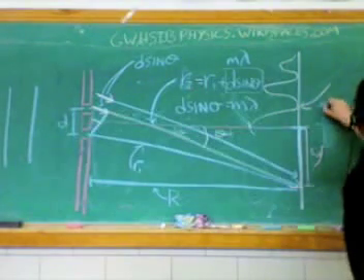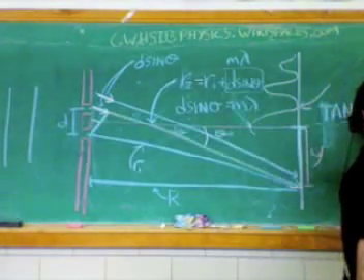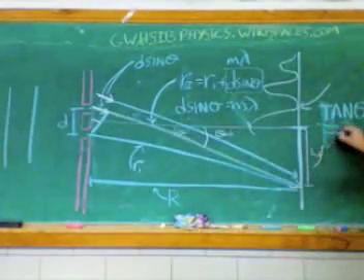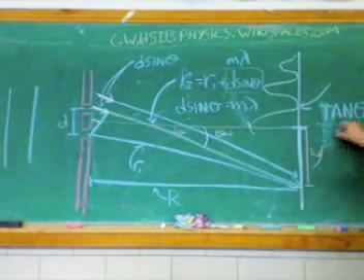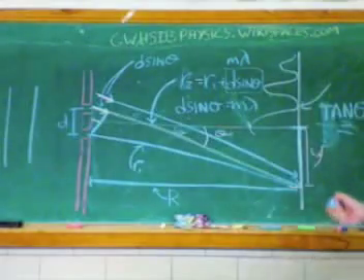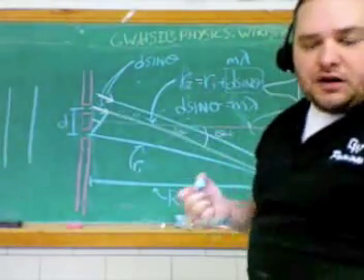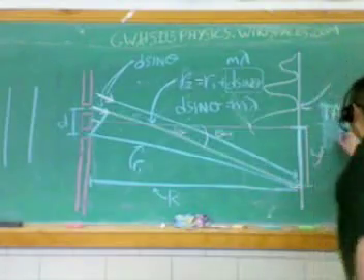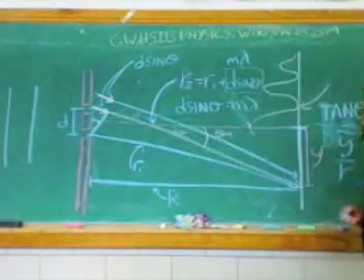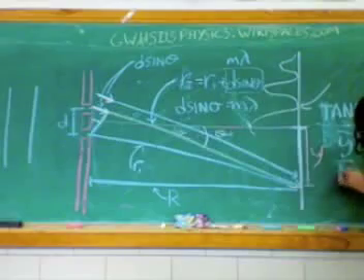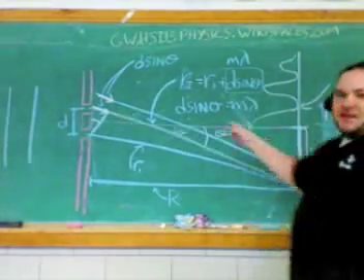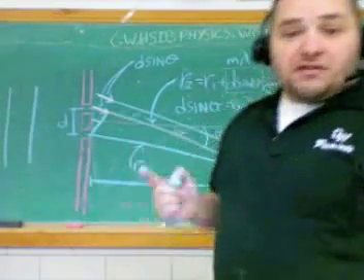So tan theta is equal to opposite over adjacent, which is y over r, not that r, that r. Okay? And now that theta is not exactly the same as that theta, but it's close enough.